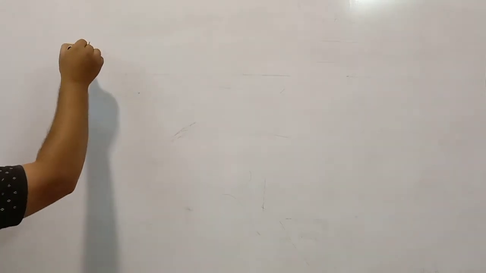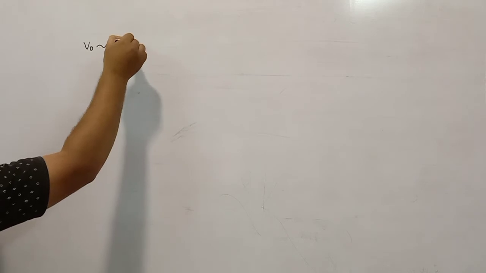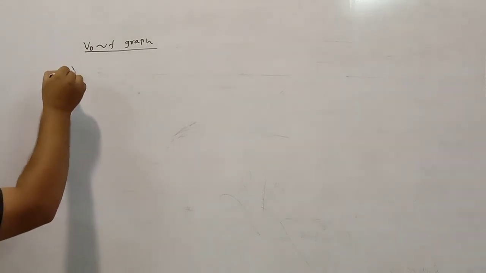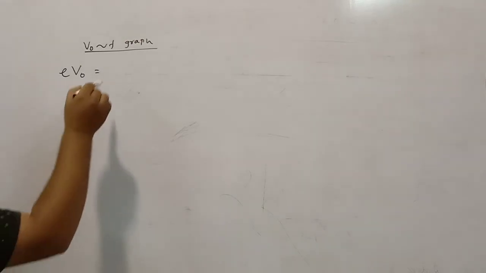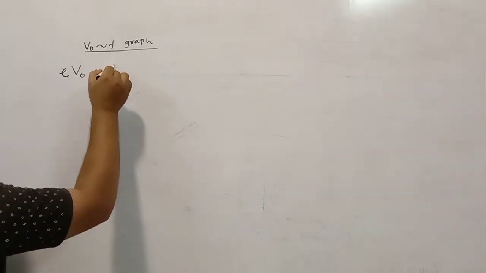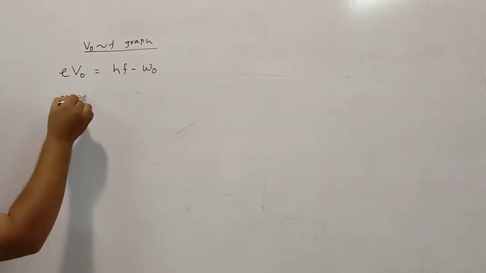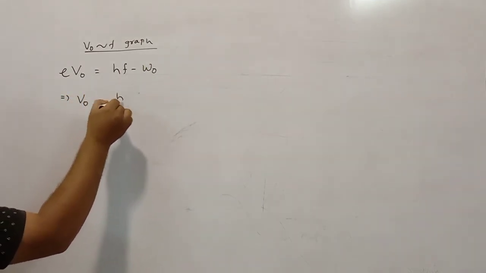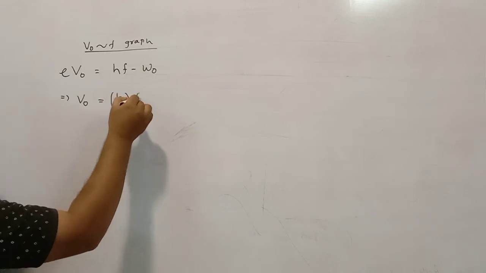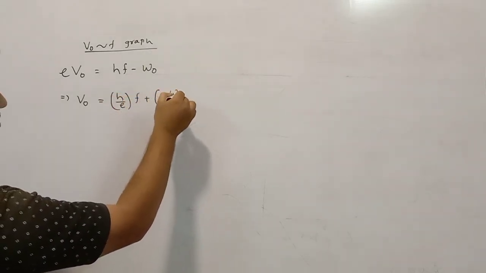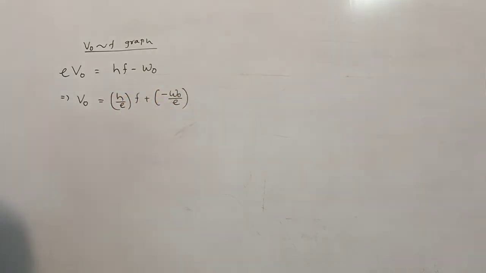So, next we will go for the V0 versus f graph. Now we will observe the V0 versus f graph. From Einstein's photoelectric equation, e V0 equals h f minus W0. So, V0 can be written as (h by e) times f minus W0 by e.